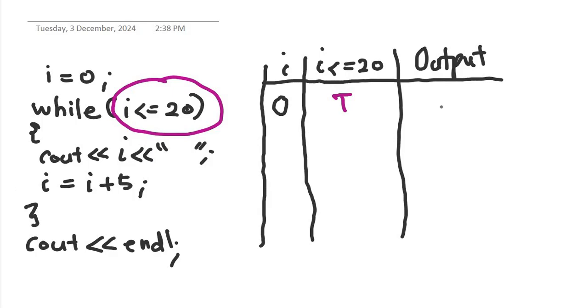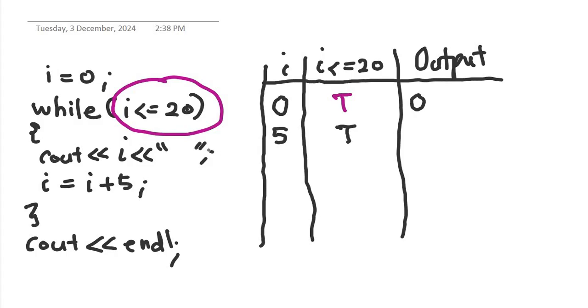So cout I. The value of I is 0, and then a space, and then we increase the value of I plus 5, which is 0 plus 5, 5. Then we go back to the condition: 5 less than or equal to 20?